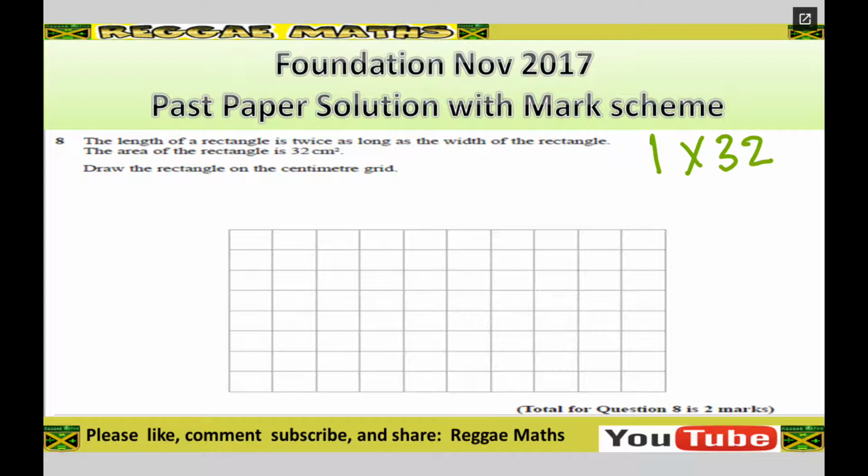And it's twice, that cannot work. 2 times 16, 4 times 8, right? And you can see the link here. You can see that 8 is twice 4. So therefore the measurement should be 4 going down, 8 going across for the length.